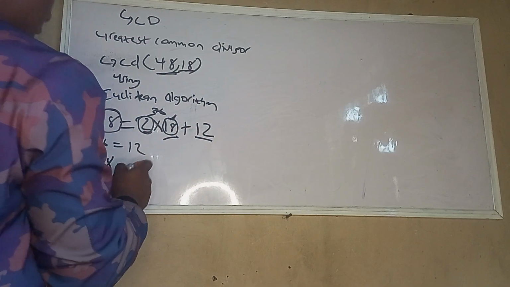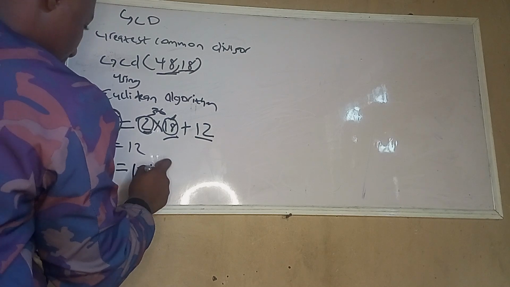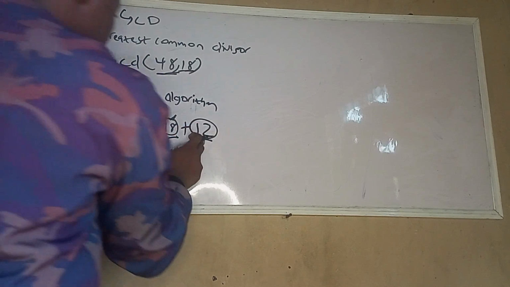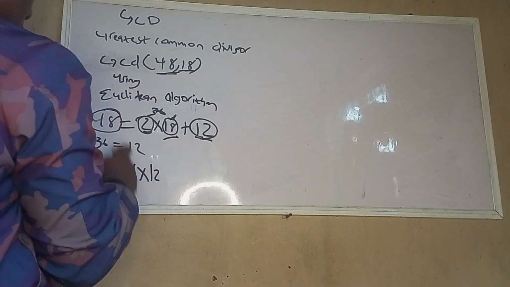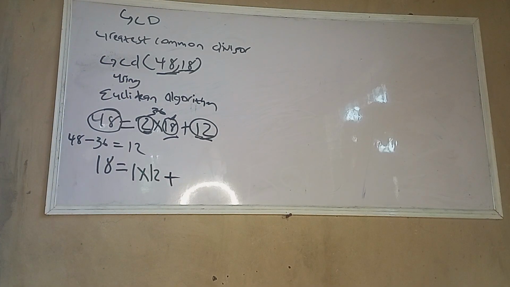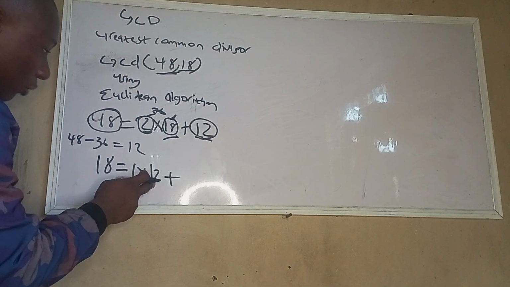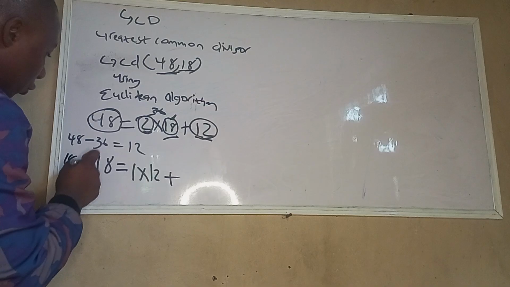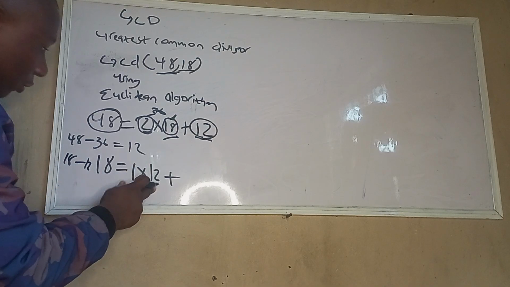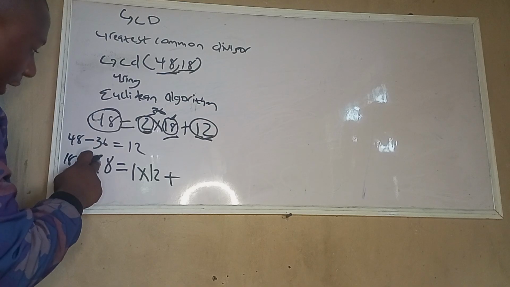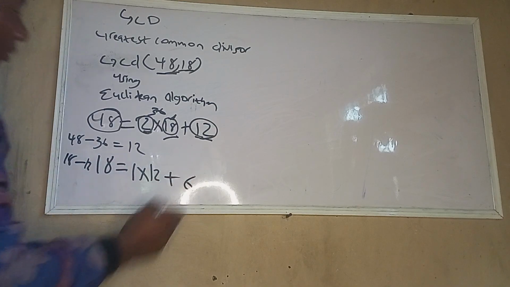Which is 1 times 12, which is 12. Then 18 minus 12, which is 6.